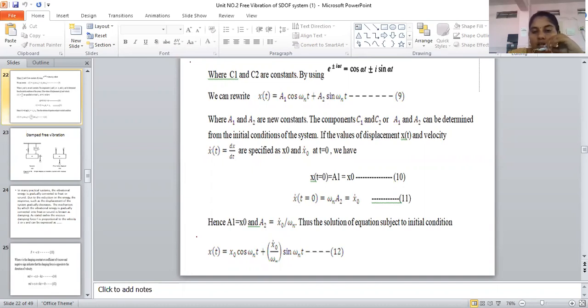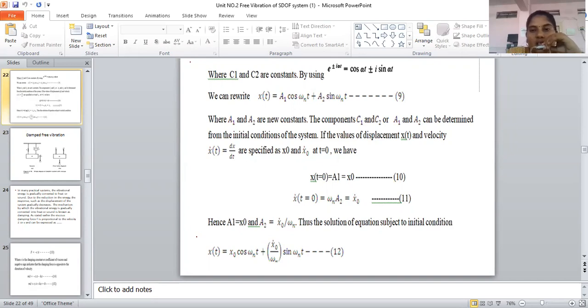And if we split this into a free body diagram, we get m x double dot, mass into acceleration, for the inertia force, k into x, the restoring force, and c x dot, the damping force. Okay, now we'll move towards the next point.